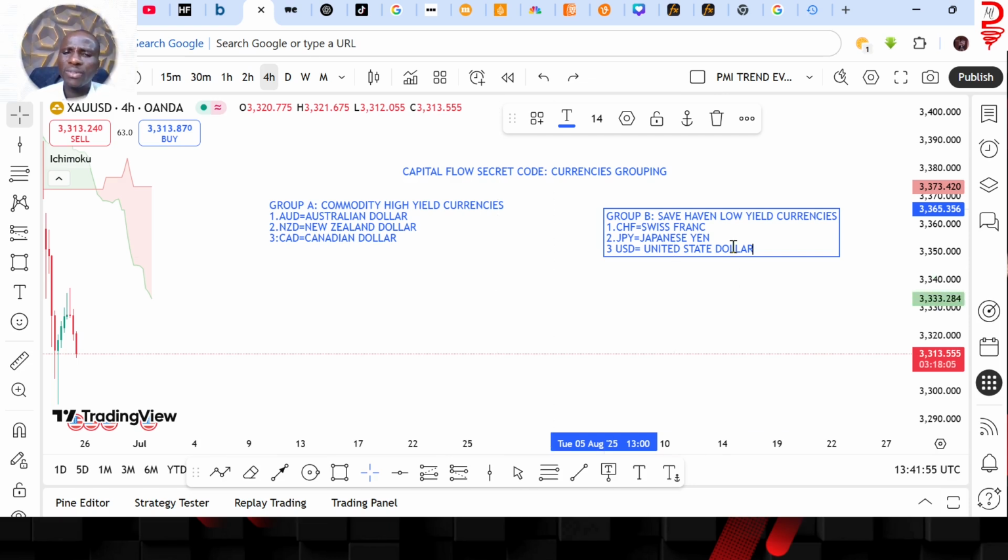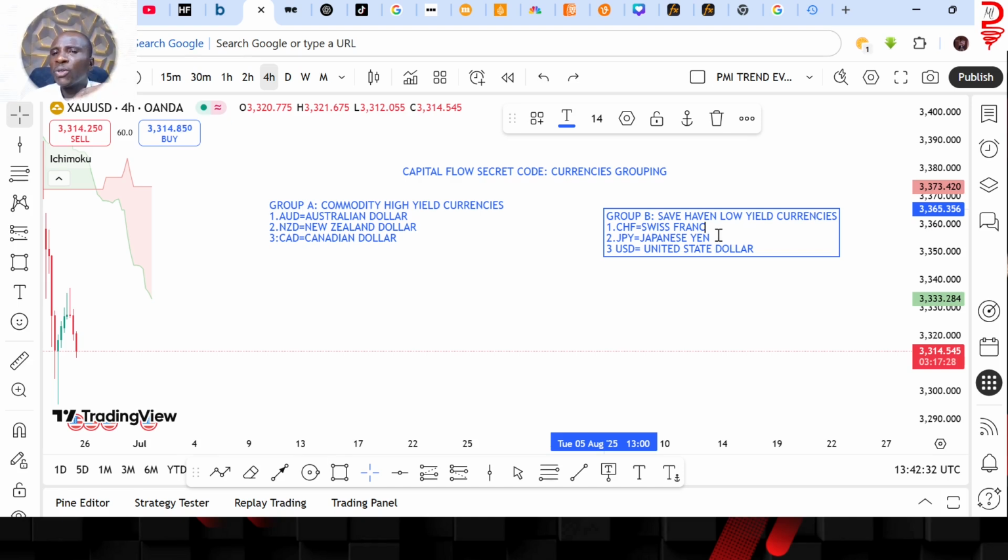Now, let me quickly say one or two things about this safe haven. The reason why they are safe havens is because the large majority of these currencies maintain low yield interest rates, or very low interest rates. For instance, as of now, this is June 2025, the interest rate for Swiss franc is 0%. Amazing. And that of Japanese yen is around 0.5 percent.